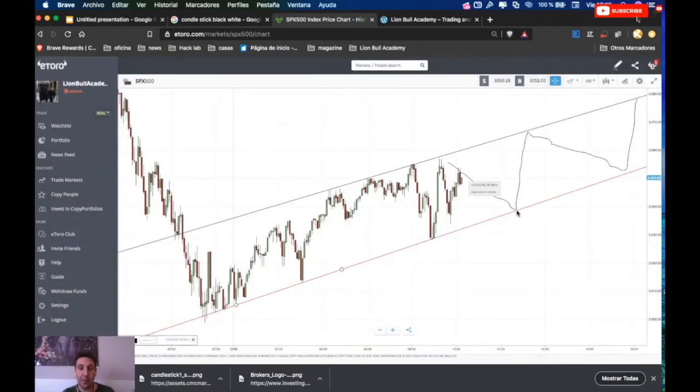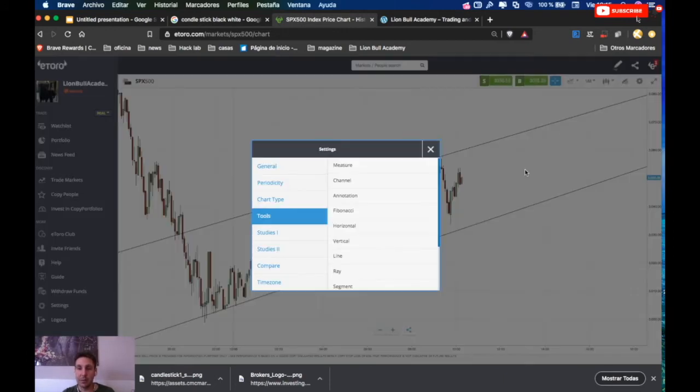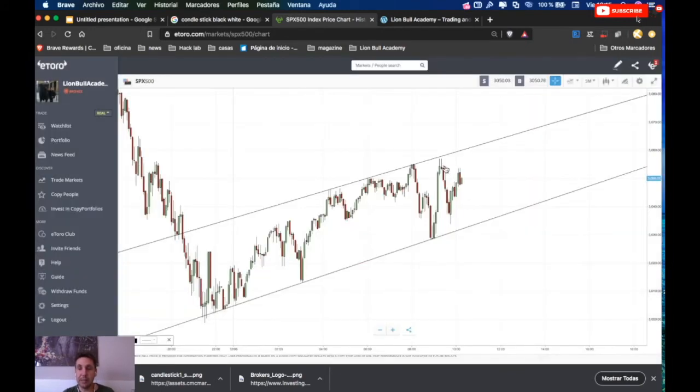Now it can happen that the price arrives here, and instead of making a new impulse, it breaks the line. Then it can start making a new tendency, and this time it can start going down, or it can become a lateral tendency.